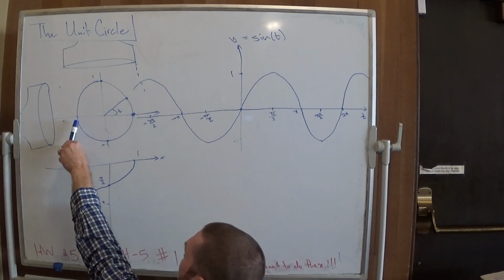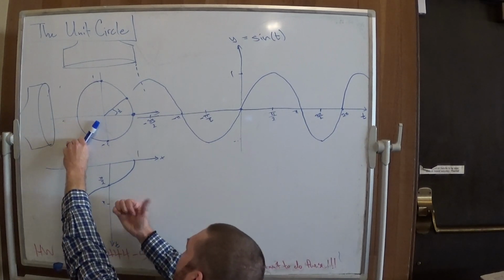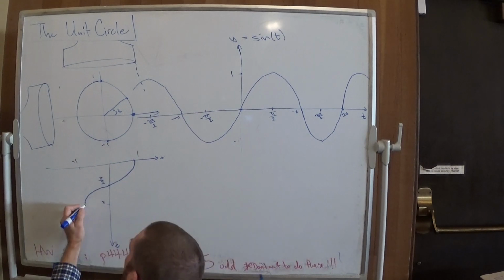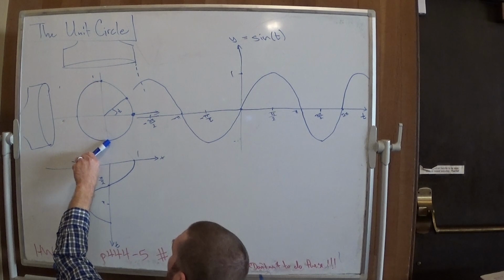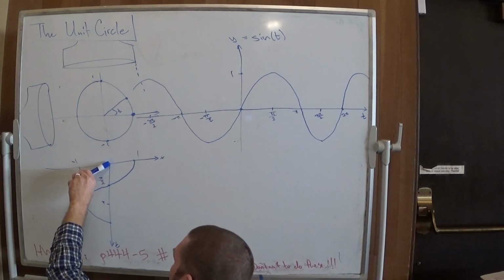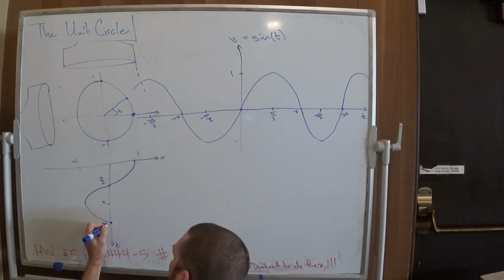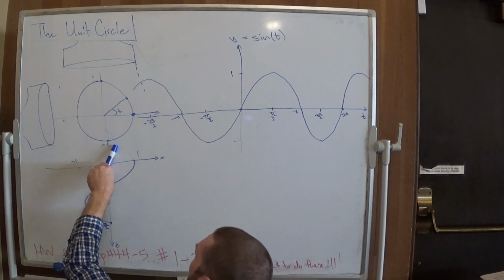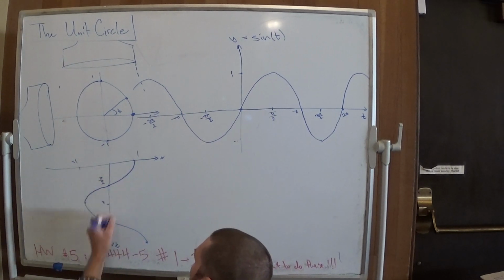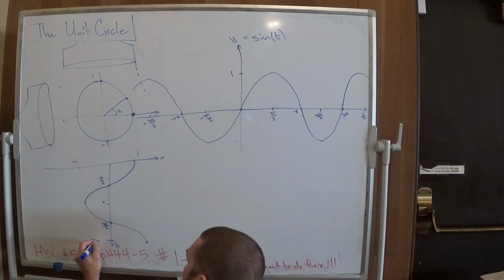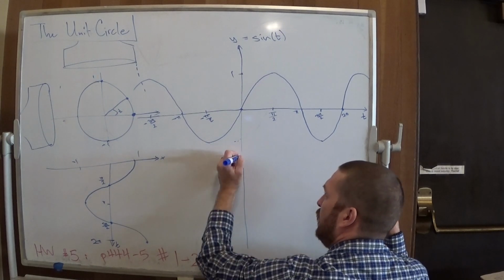Then, as t keeps cranking along, it starts to move back this way, until we get to here, and it's being projected right there. That happens after 3 pi over 2 seconds. Then it continues back to where it started, back up to 1 after 2 pi seconds. And if we redraw this, it's just like shifted a little.